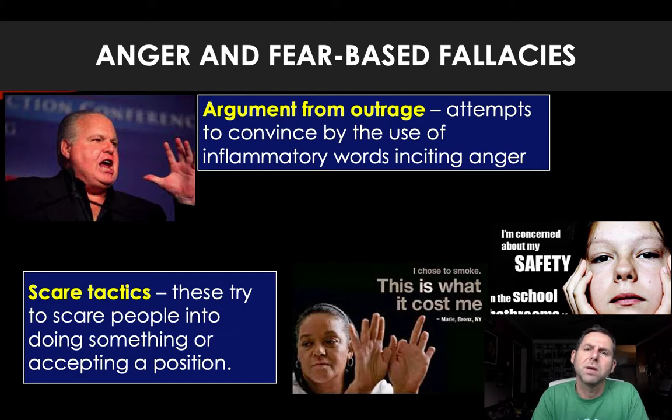Notice what makes it a scare tactic is they're not giving you reasons. Every cigarette pack actually gives you reasons why you shouldn't smoke. It says warning, it causes emphysema, lung cancer, etc. That would be logos. Here, instead of that, you are being scared into quitting.